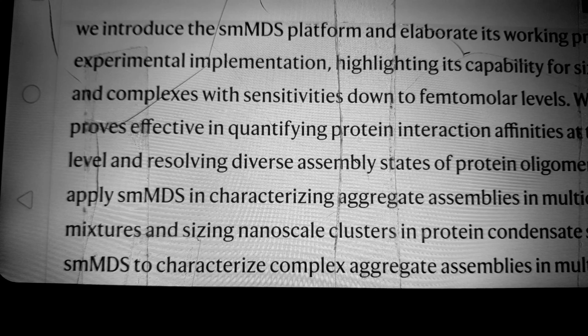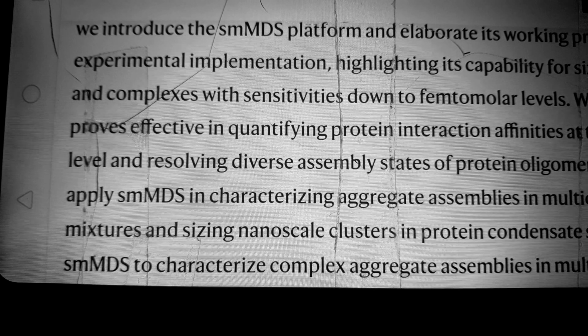We highlight its capability of sizing single proteins and complexes with sensitivities down to femtomolar levels. We show that SMMDS proves effective in quantifying protein interaction affinities at the single molecule level and resolving diverse assembly states of protein oligomers.